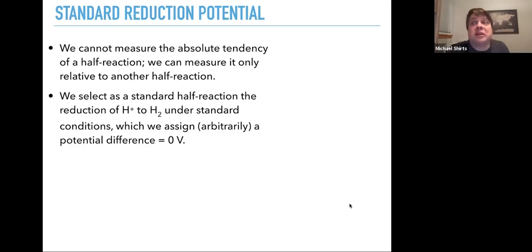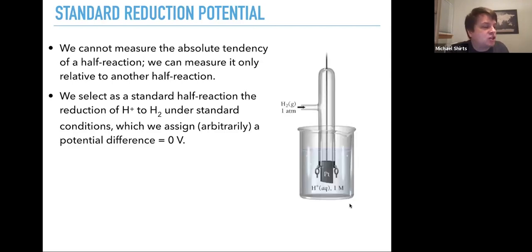It doesn't really matter if it's 0 volts because we're always going to be comparing this reaction to any other reaction. This is a reaction that happens in solution with the hydrogen reacting to produce a gas. We have an inert electrode like platinum that does not react to the acid. And so the potential of this reaction we set to 0.